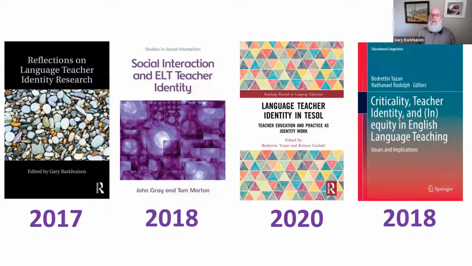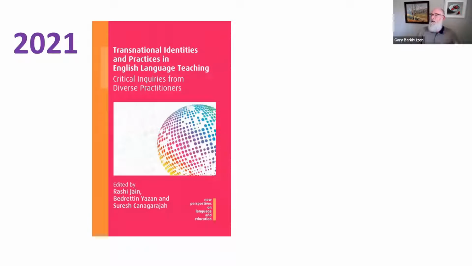This is criticality, teacher identity, and inequity in English language teaching, taking a more critical approach to looking at teacher identity. This is another one, transnational identities and practices. I'm not recommending you read these, by the way. I'm just showing you that we're overflowing with all these books and ideas and research that's coming out on identity in our field of TESOL.